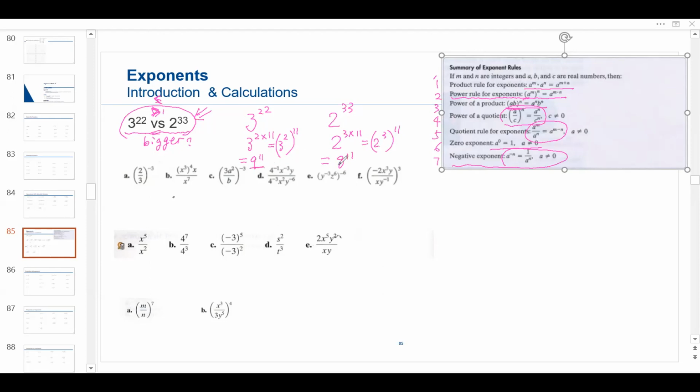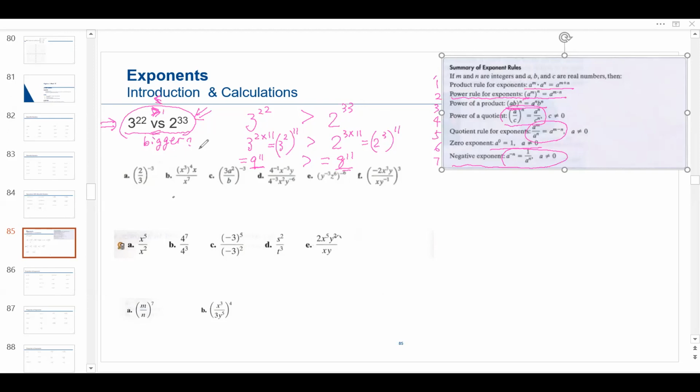This is 9 power 11, this is 8 power 11. Definitely this one is bigger, right? At first view, you cannot find out, but right now you can easily judge. Actually, this is one of the MathCounts questions. Sometimes you maybe met this situation.